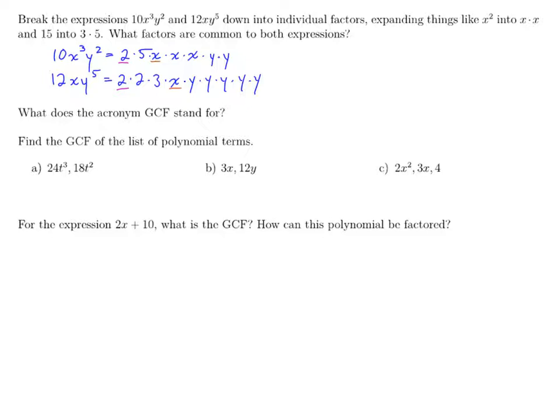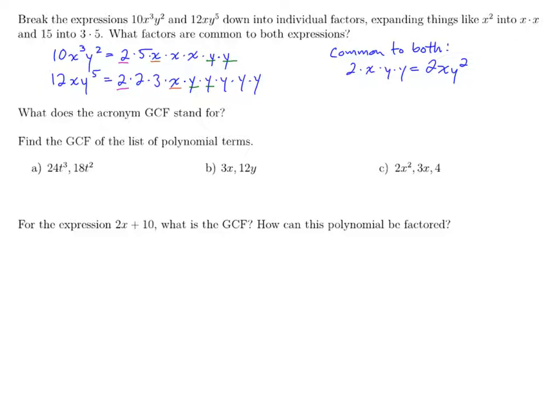In this first expression, I have a factor of y twice, and I also have a factor of y twice in the second expression. So looking at what's common to both, I have 2 times x times y times y, which is of course written as 2xy squared.